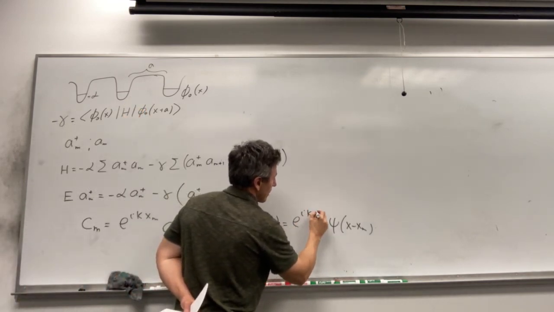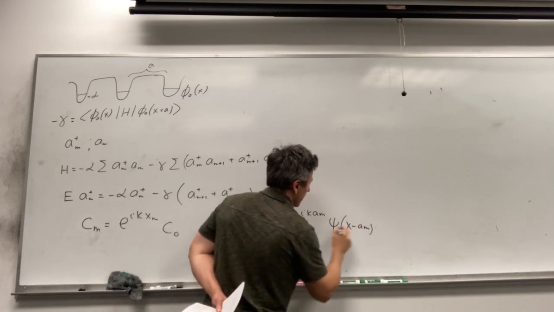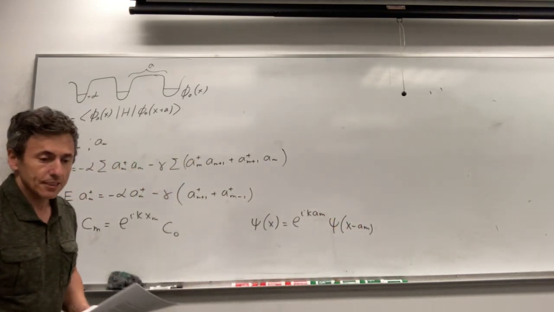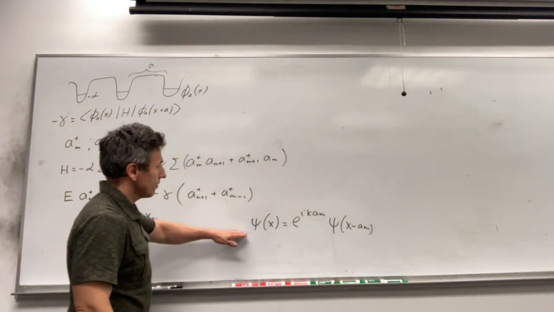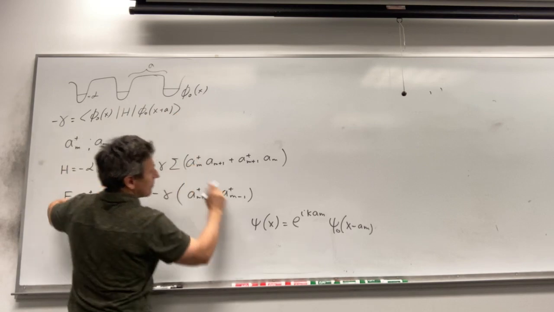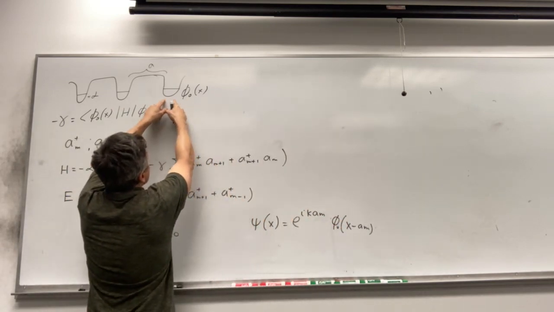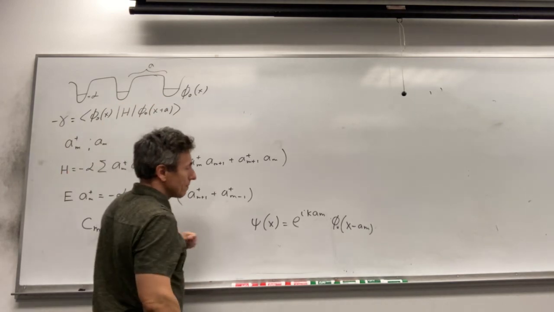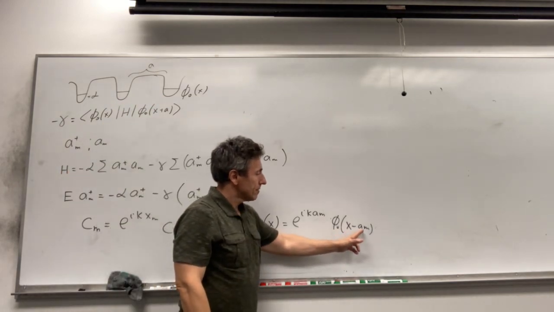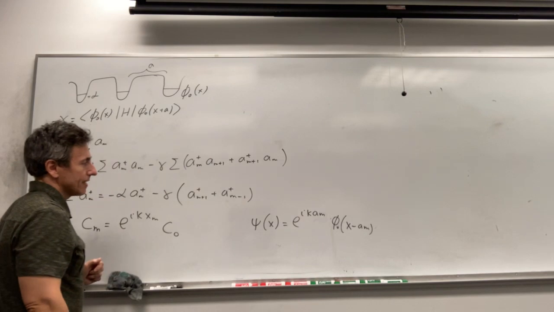So the wave function has the following profile: psi_0, a wave function localized at a given atom m. A is the period of the structure, the distance between the nearest neighbor atoms.